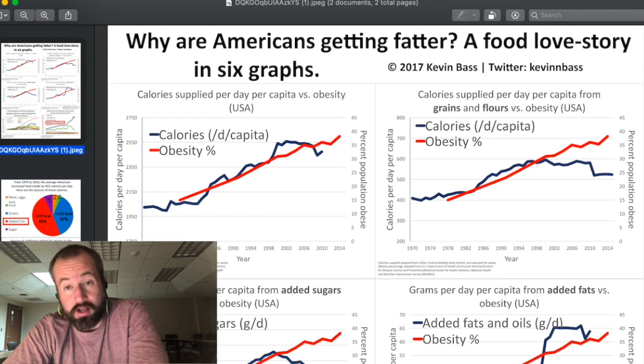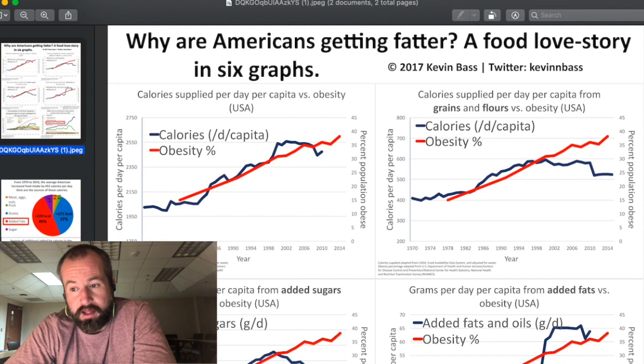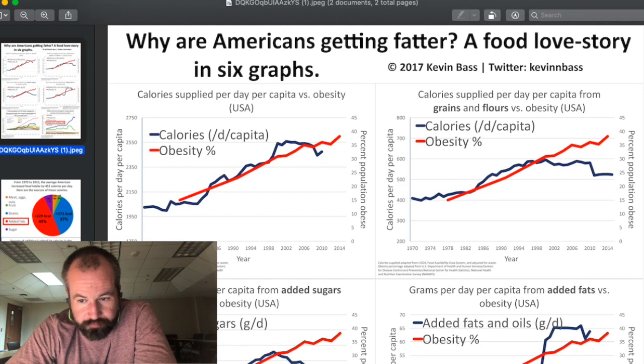So I'm going to discuss and explain these graphs and explain what they indicate. This particular series, but there's many of them, is called Why Are Americans Getting Fatter? A Food Love Story, in 6 graphs. And the first figure I plotted in Excel.